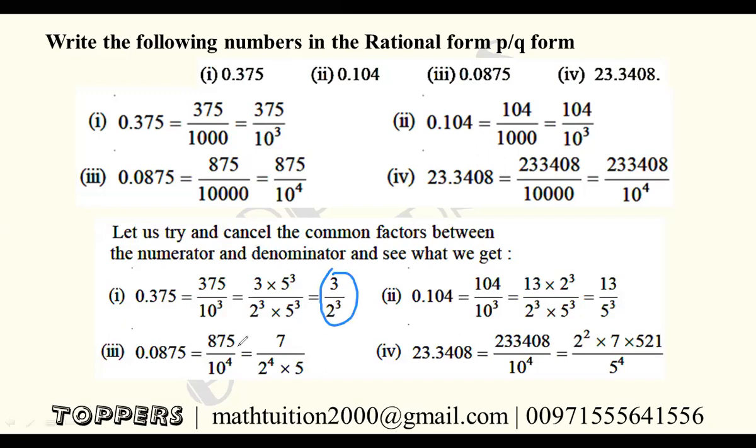875 divided by 10 raised to 4. Here, 875, we are prime factorizing, it is not written here. 875 is divisible by 5, right?